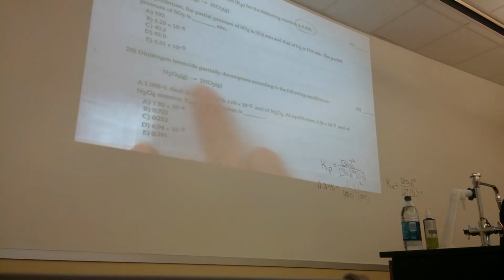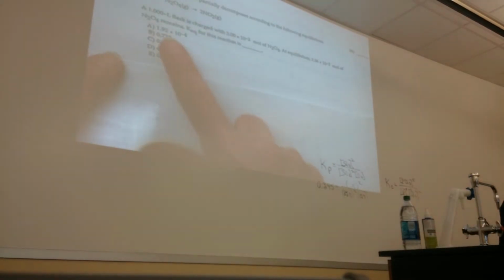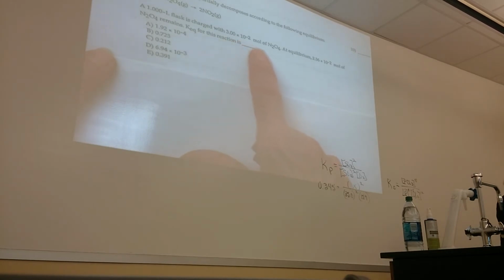Dinitrogen tetroxide partially decomposes according to the following equilibrium. N2O4 goes to 2NO2. A 1 liter flask is charged with, that's kind of a strange word, it just means putting it into the flask, 3.00 times 10 to the minus 2 moles of N2O4.